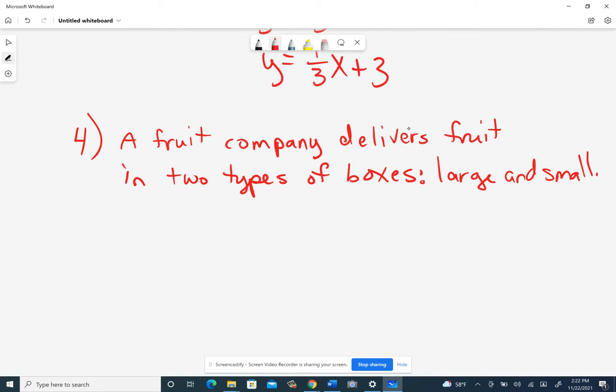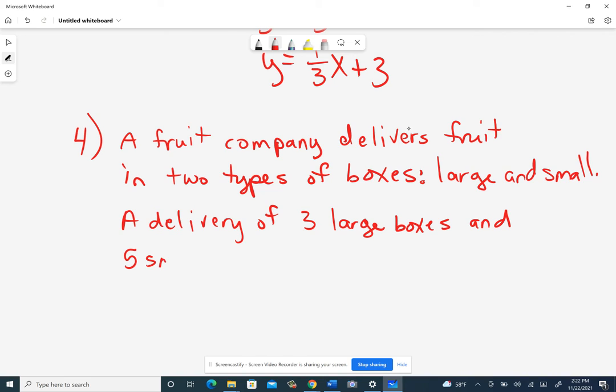A delivery of 3 large boxes and 5 small boxes has a weight of 75 kilograms.